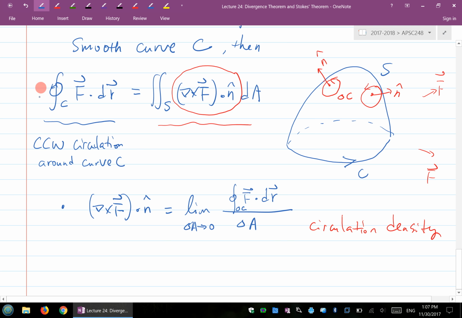It equals the circulation around this big curve C. That's basically what Stokes theorem tells you here. That makes sense? Curve C is the boundary of the surface S. It's just the boundary. If you have a bowl, then the edge is the boundary.